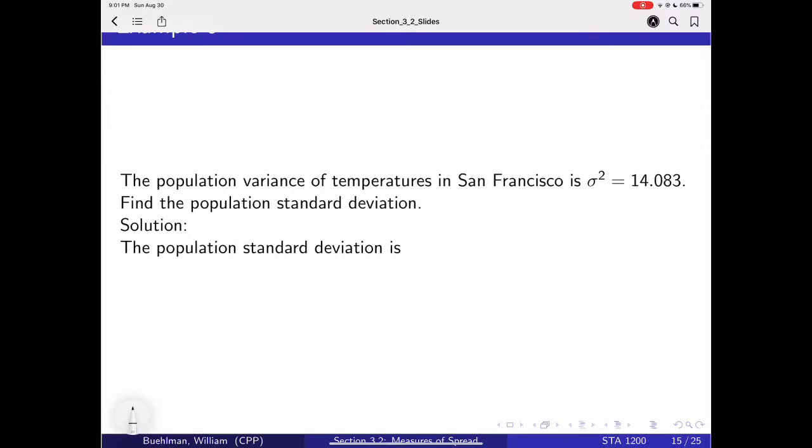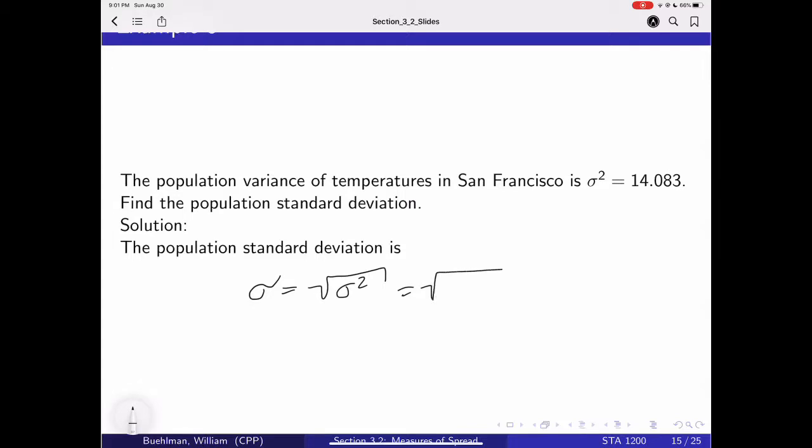Back to our temperature example for San Francisco, we had that the variance was 14.083. Find the standard deviation. So the standard deviation, which is sigma, is equal to the square root of sigma squared, and we already know what sigma squared is. It's that 14.083.